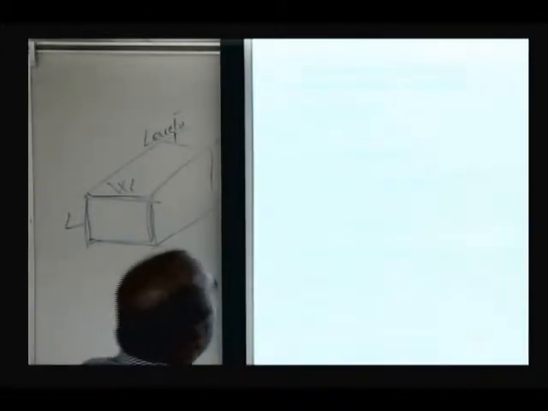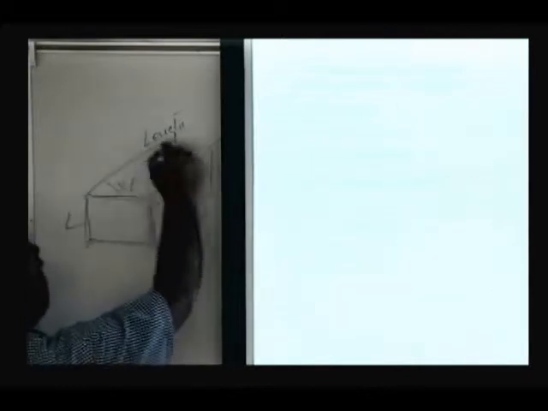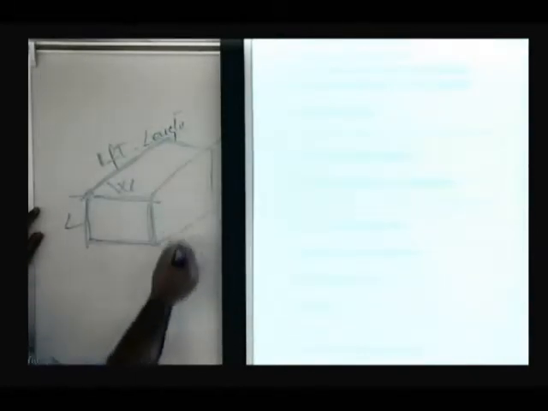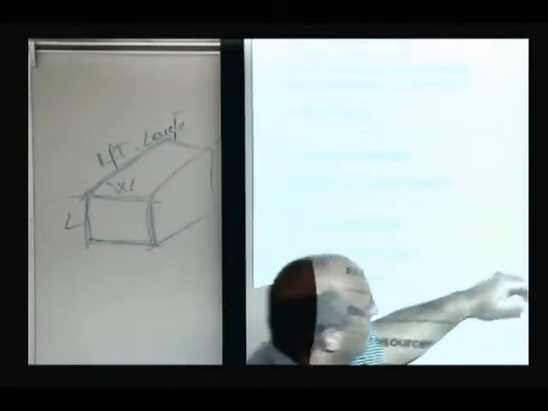So what they have done is they say, okay, if we take 1 foot of duct, I need to know the perimeter, and I multiply by 1 foot, and then I get this surface area in square feet.